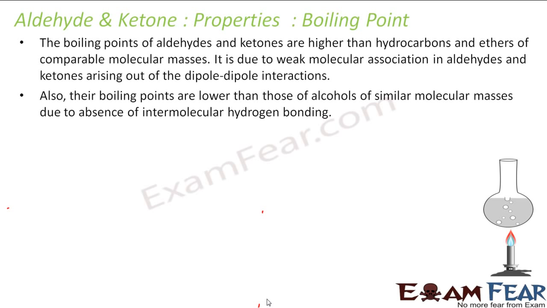But when you compare with alcohols, their boiling points are lower than alcohols because of the absence of hydrogen bonding. So let me first draw this. Let me first draw the alcohol. This is my alcohol, let's suppose. Right, and this is my acetone. Drawing a similar structure, just replacing OH with this, I'll have a normal alkane.